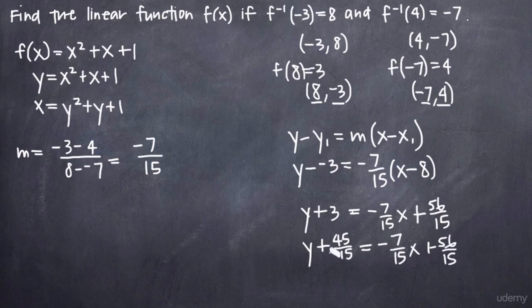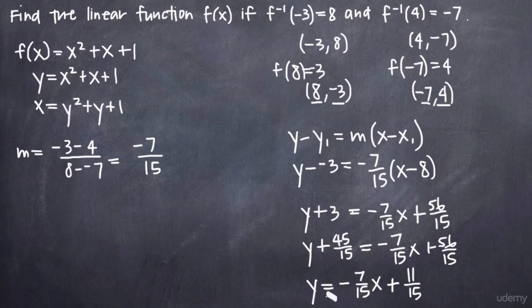Now we can subtract 45/15 from both sides and get y equals negative 7/15 x. When we subtract 45 from 56, we'll get positive 11 over 15. So this is our final answer.